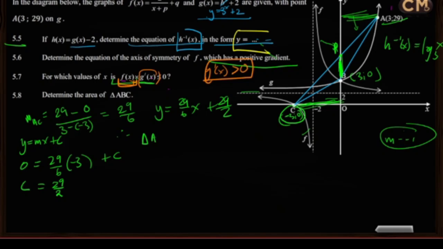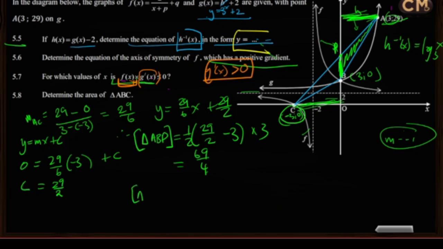So for triangle ABP, which is this one over here that I'm marking, we shall have 1/2 times the base, which is just 29/2 minus 3, and the perpendicular height, which is just from 3 to 0. So it's that over there, so we'll have that times 3. And what we'll find is that is equal to 69/4 square units. So that's the area of triangle ABP.